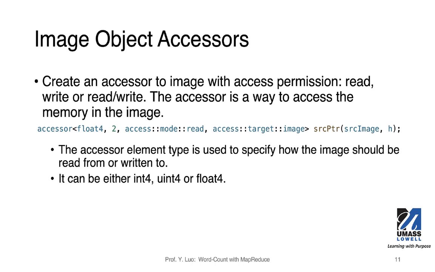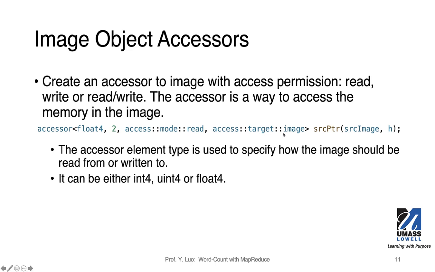This is an example. We have an accessor, and we use float4 to represent the 4 channels for the pixels. It's 2D, so we're using a 2-dimensional image, and we are using read mode as this is the input image, so we only read the pixels.